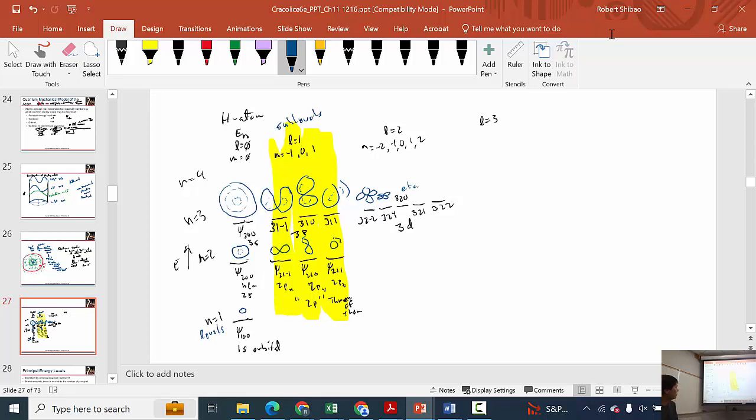So when we're at the first level, there's only one sublevel. When we're at the second level, how many sublevels are there? 2 sublevels, the S and the P. When we're at the third level, how many sublevels are there? 3. And so that's another mathematical pattern. The mathematical pattern is there are n sublevels for every n.